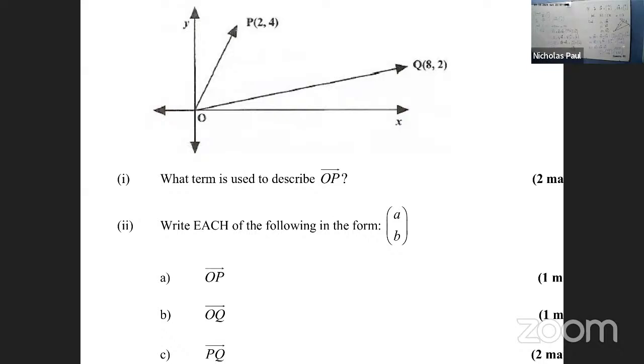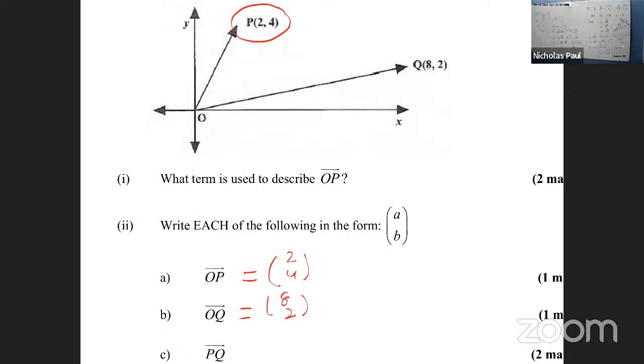All right, let's deal with the first part. Nice and easy. OP is simply (2, 4). Remember, they gave you the coordinates, so just write it vertically. OQ is what? OQ is (8, 0).